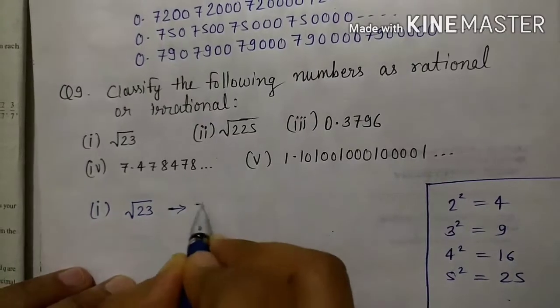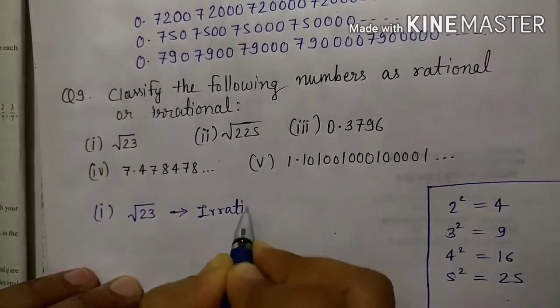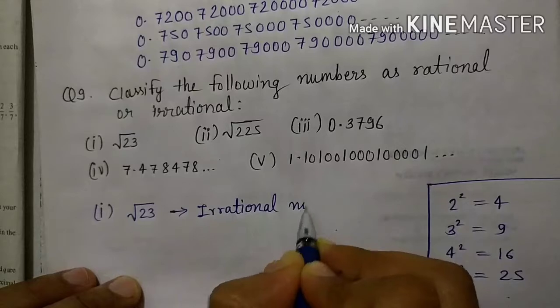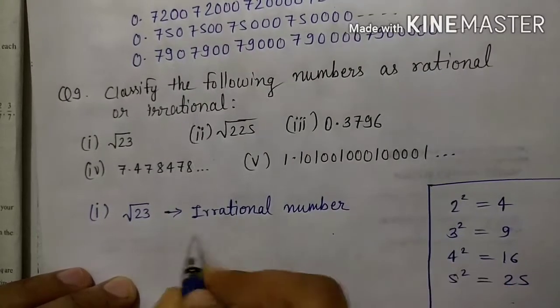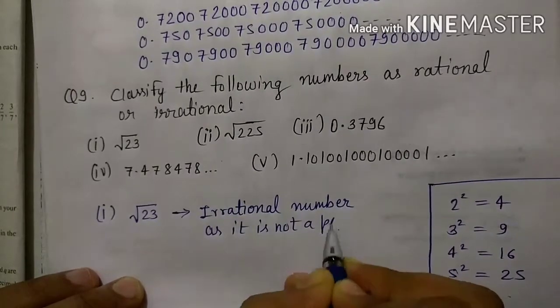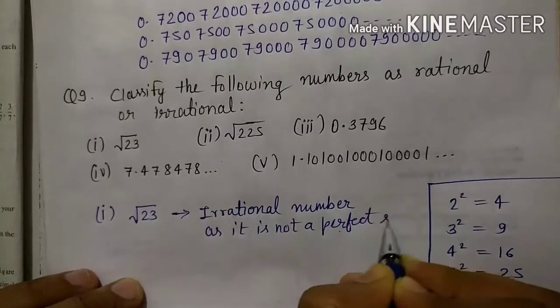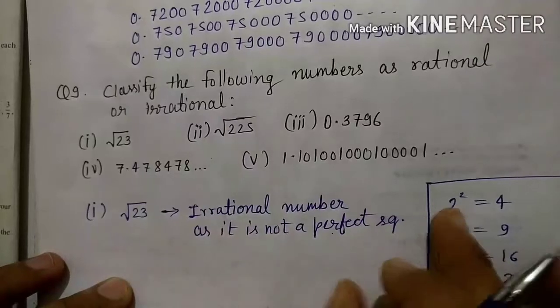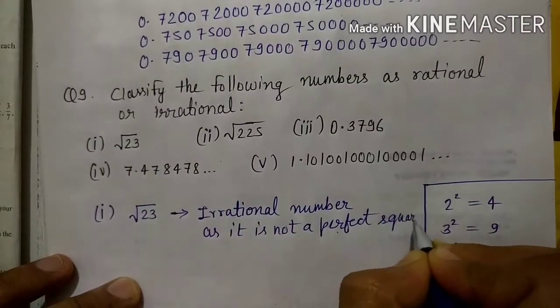So it is an irrational number, as it is not a perfect square.